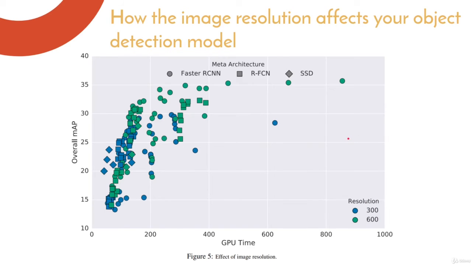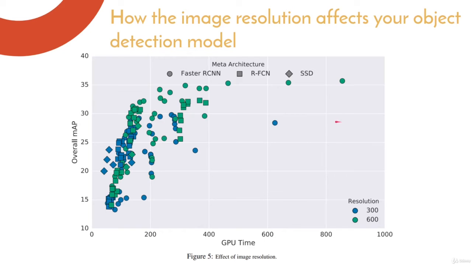But I realized that if we can somehow just choose a region in our image and crop that region 600 by 600, then we would get much better results, because then the object will not look very small, as it will if we resize a large image and make it only 600 by 600. So we made some decisions based on what we know about how the model performs in terms of the image resolution that was used when it was trained. So this is something that you should consider.